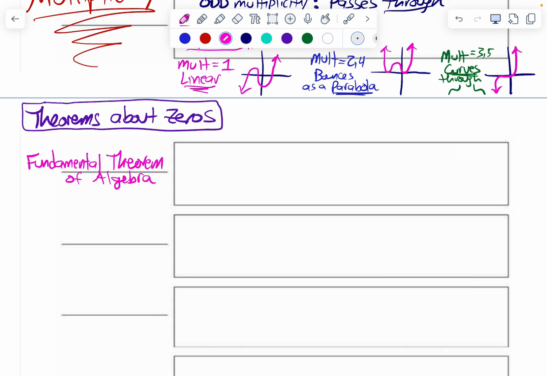Oh yeah, I remember your plan. Okay, here we go. With that, it says this: a polynomial has the same number of zeros as its degree.